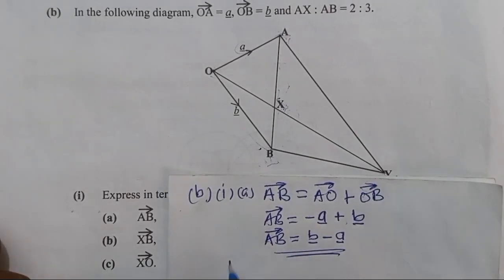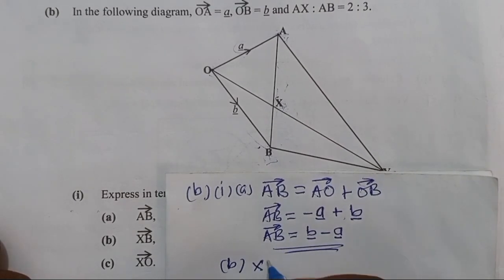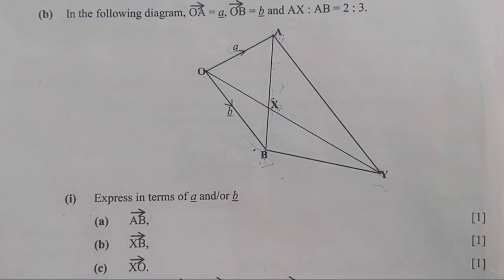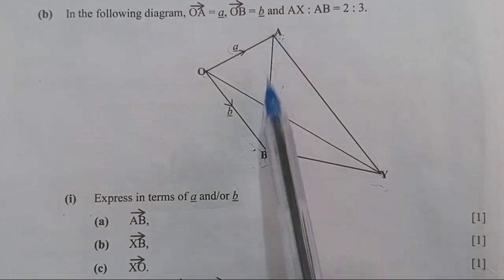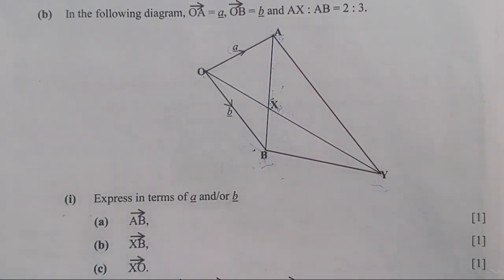Part B: vector XB. So vector XB, remember that AX to AB is a ratio.